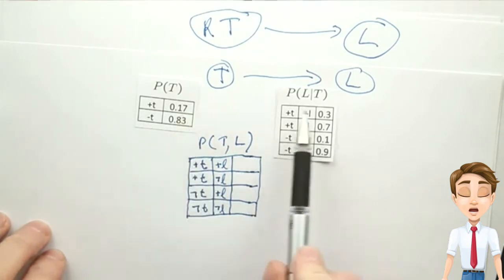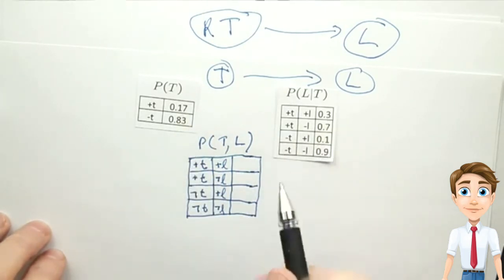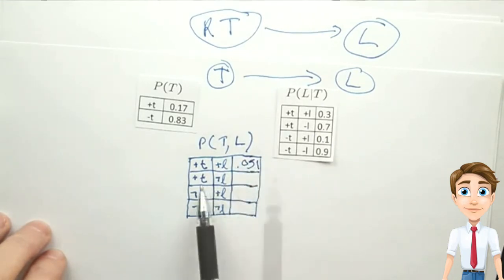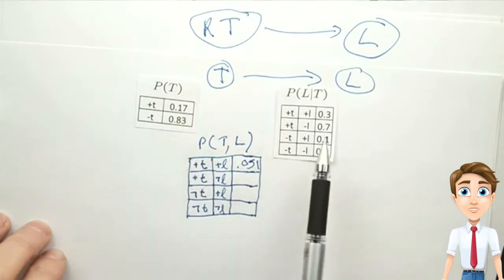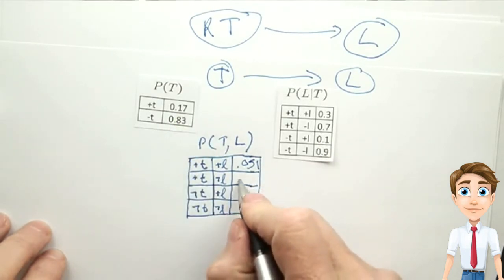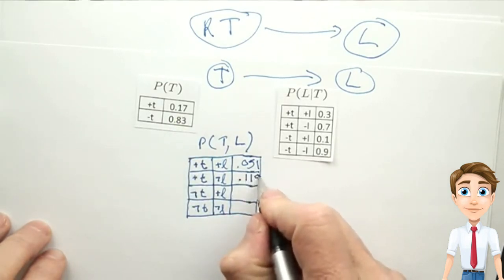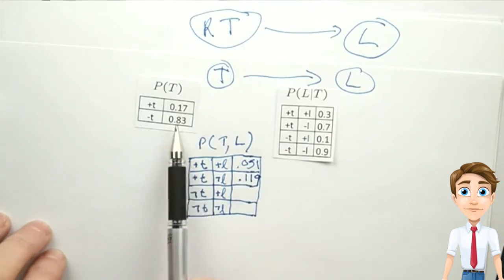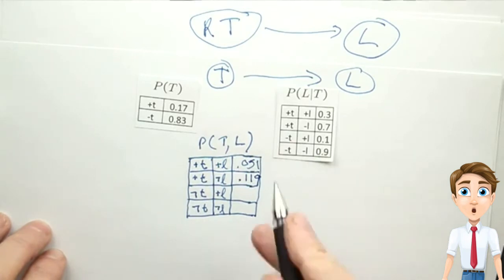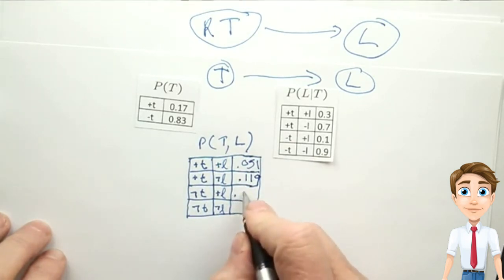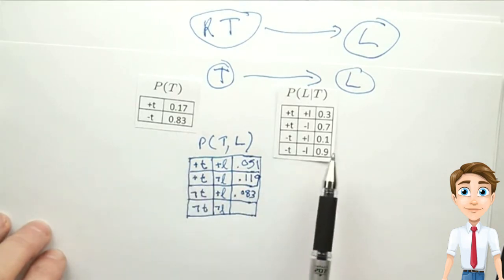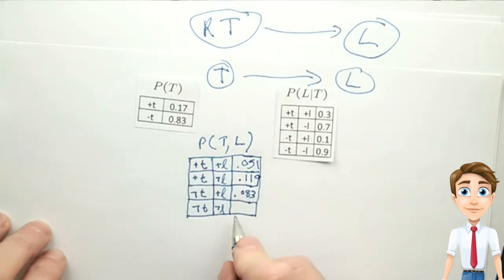So we have 0.17 times 0.3 is 0.051 for plus T and plus L. 0.17 times 0.7 is 0.119. And then we go to the minuses. Minus 0.83 times 0.1 is 0.083. And finally, 0.83 times 0.9 is 0.747.